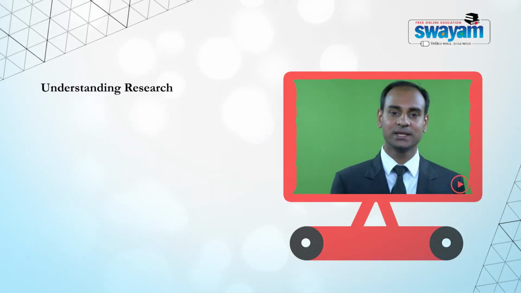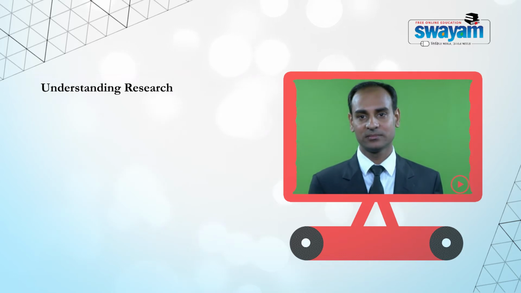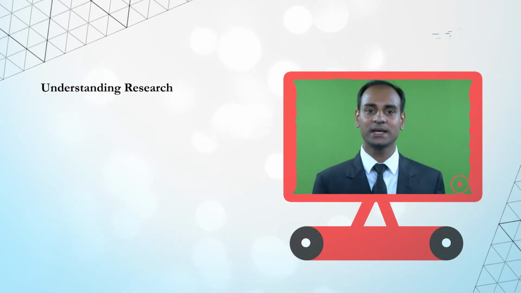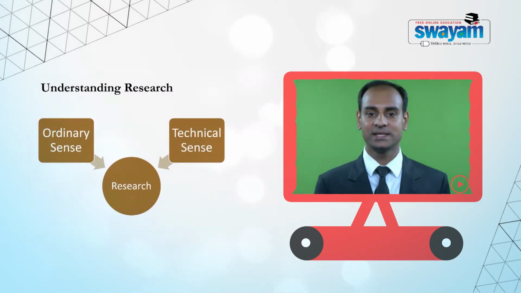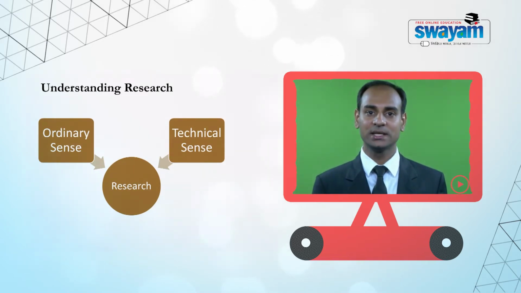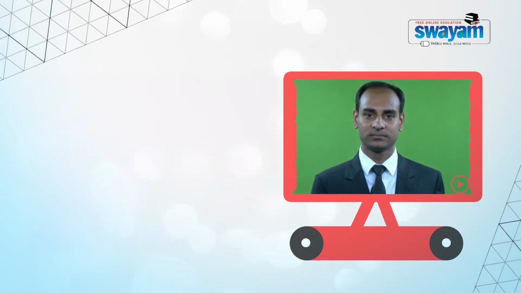For understanding the concept of research, it is necessary to understand this concept in two ways. First, in its ordinary sense, and second one is technical sense. Before coming to technical sense, it is necessary to understand the concept in practical lives. Examples.